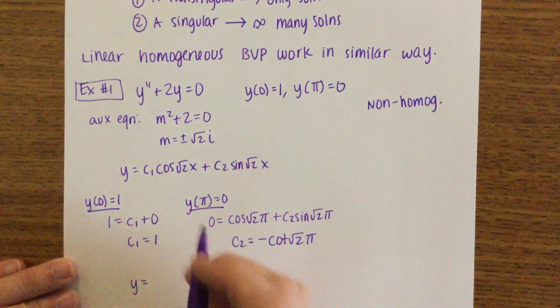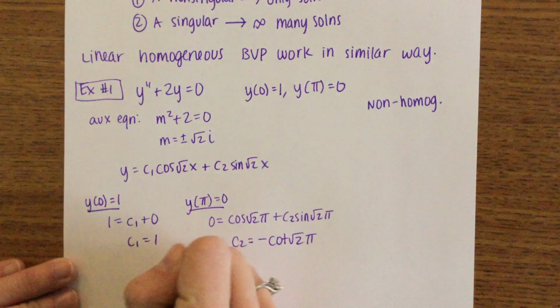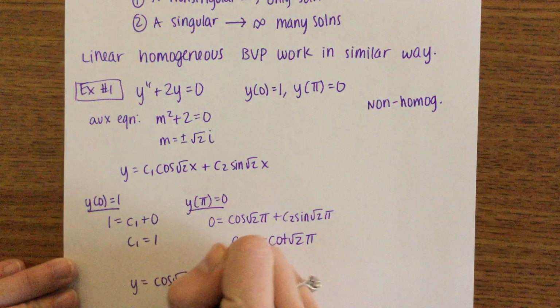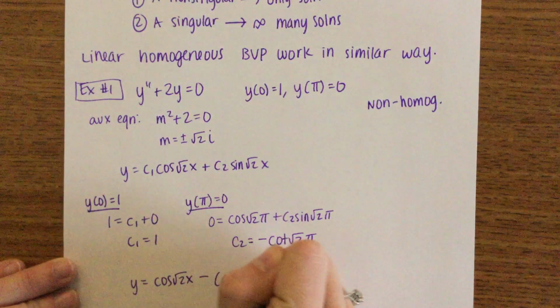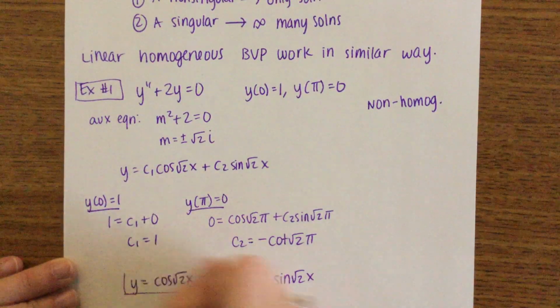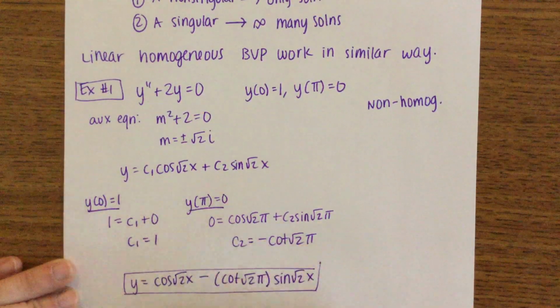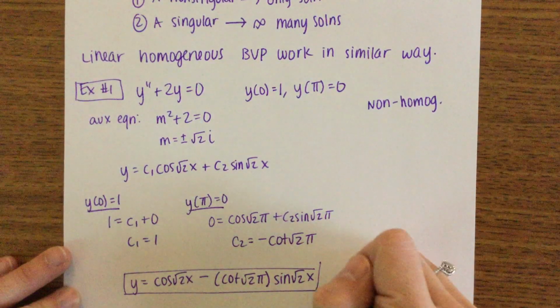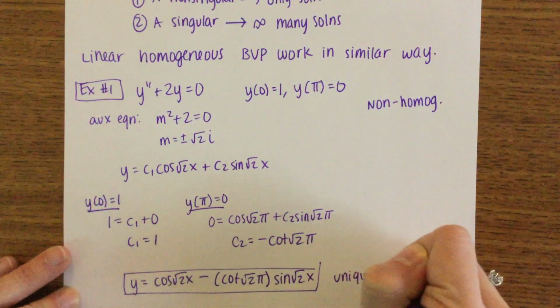So our final solution then ends up being cosine of root 2 x, subtract cotangent of root 2 pi, multiplied by sine of root 2 x. So this is the case where we get a single unique solution.